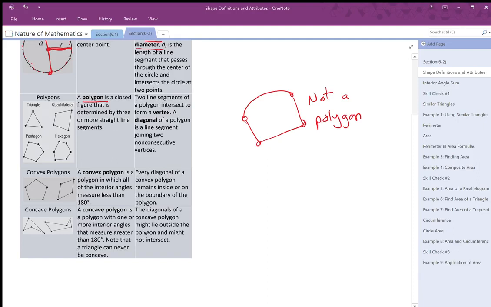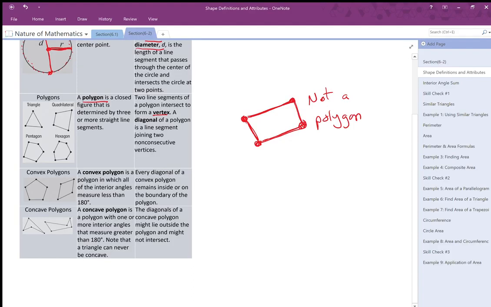So where 2 line segments of a polygon intersect gives us a vertex. Let's fix this edge and turn this into a polygon. So where 2 sides of a polygon meet, that gives us a vertex, and then these 2 meet here, and so on. We have all of our vertices.